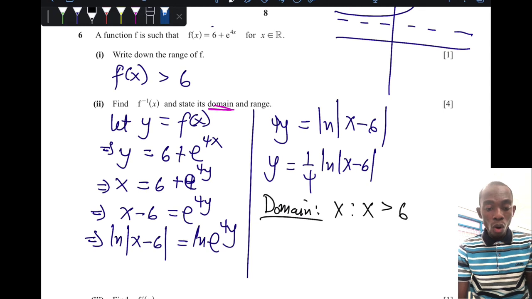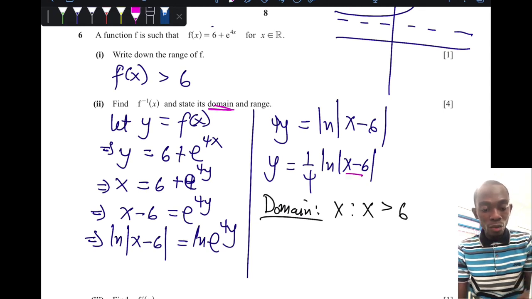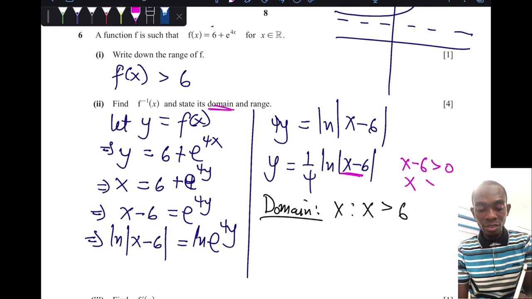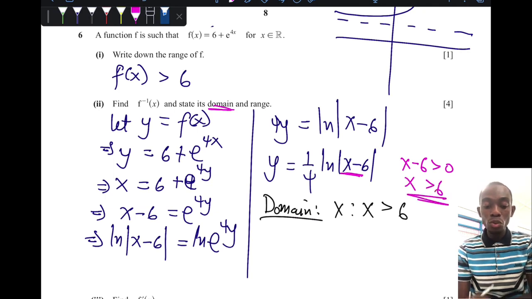Or if you want the domain, you can set the expression inside the log greater than 0. So you can just say that x minus 6 is greater than 0, so x is greater than 6. That's also another way to find the domain of a natural log.